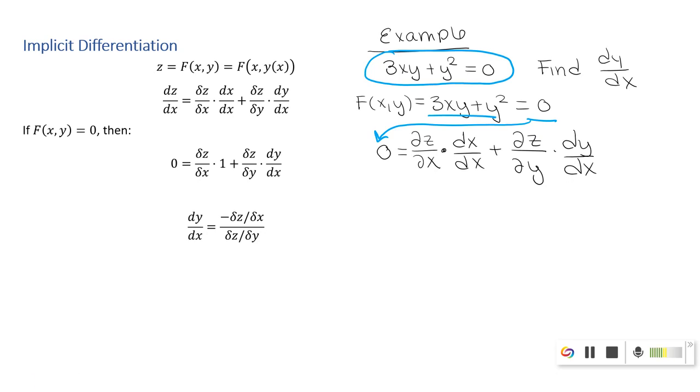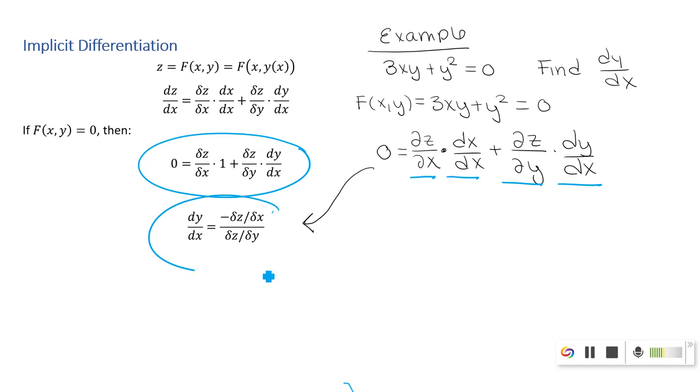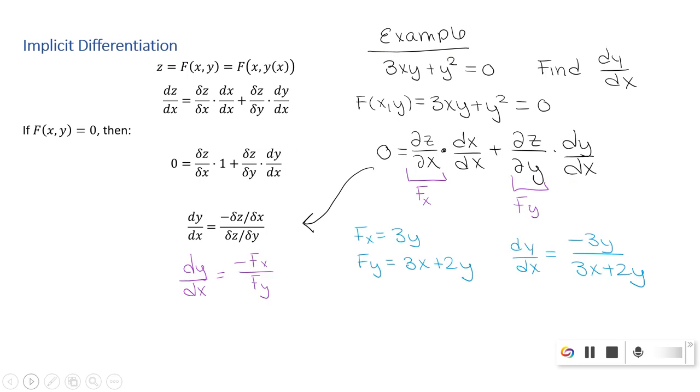And then we're going to end up with dz/dx times dx/dx plus dz/dy times dy/dx, which is exactly what I had typed up on the screen. We solve it for dy/dx, and we end up getting dy/dx is negative partial with respect to x divided by partial with respect to y.